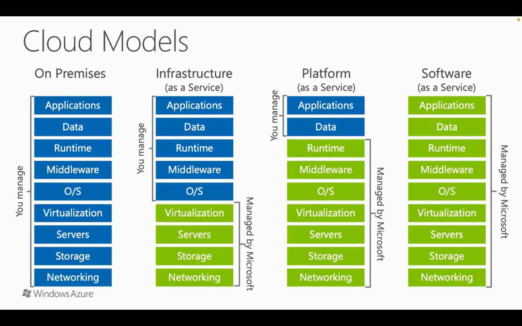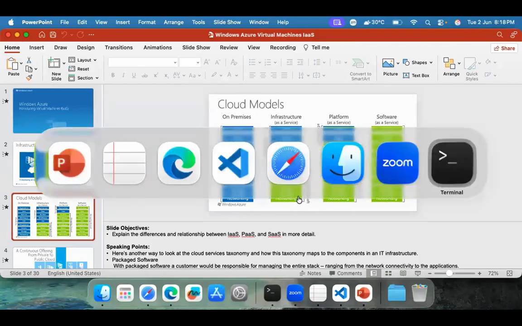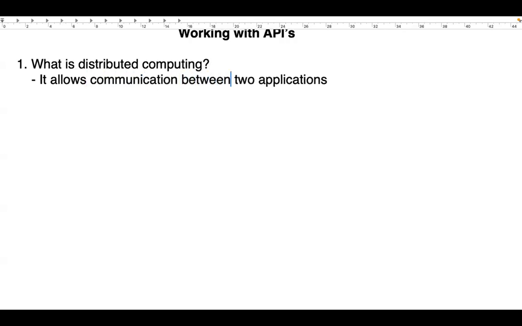Like that, we have grid computing, cloud computing, parallel computing, distributed computing. Distributed computing is important. That is what our concept is. What is distributed computing? Distributed computing means it allows communication between two applications running on two different machines.